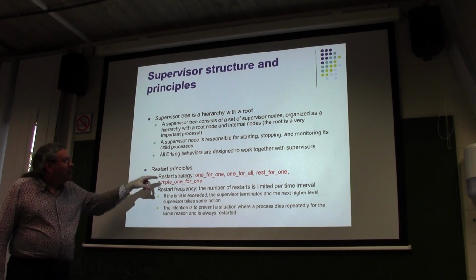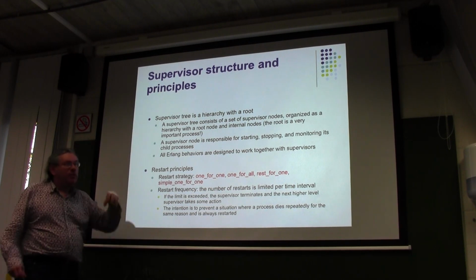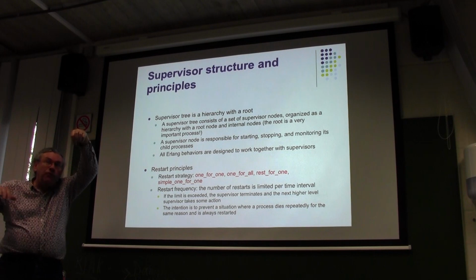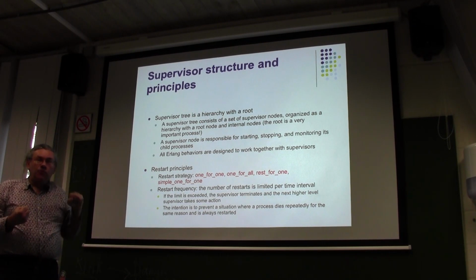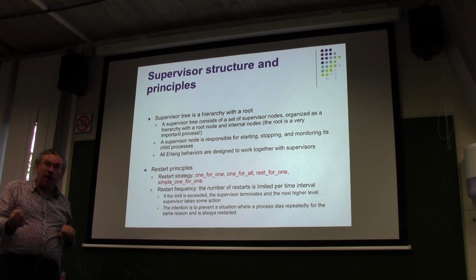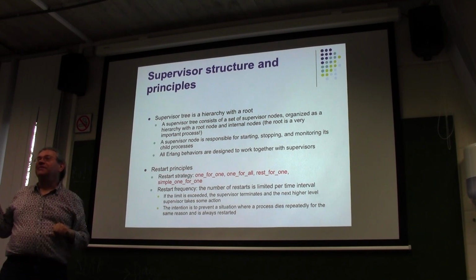The main ones are 1 for 1 and 1 for all. So if the supervisor is observing a bunch of nodes and one of them crashes, there are basically 2 possibilities. It restarts that one, the retry, or it restarts everybody.